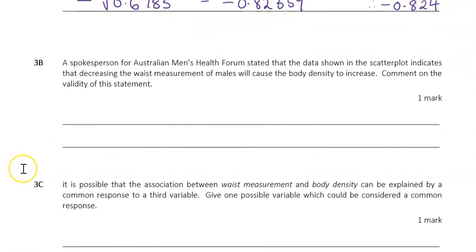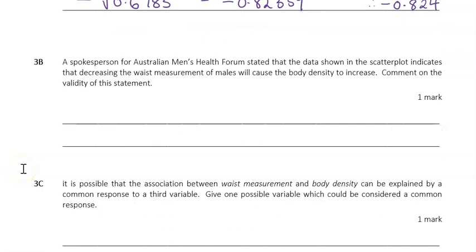3B, a spokesman for Men's Health Forum stated that the data shown in the scatter plot indicates that decreasing the waist measurement of males will cause body density to increase. Comment on the validity of this statement. So I've circled that keyword cause. What we're asking here, is it a causal relationship?